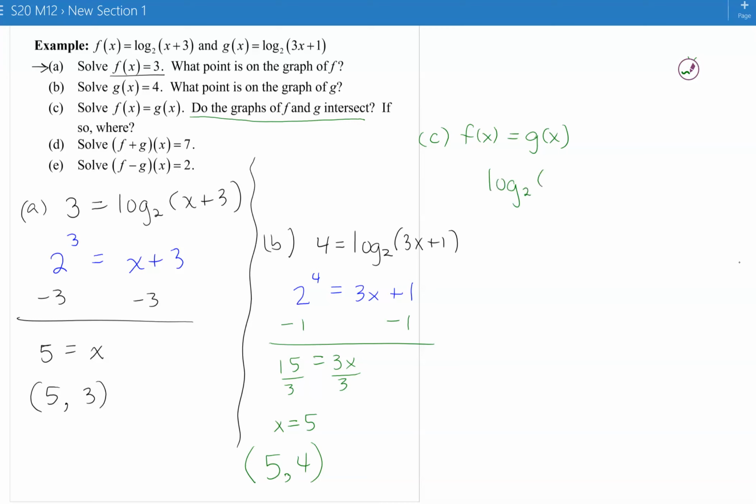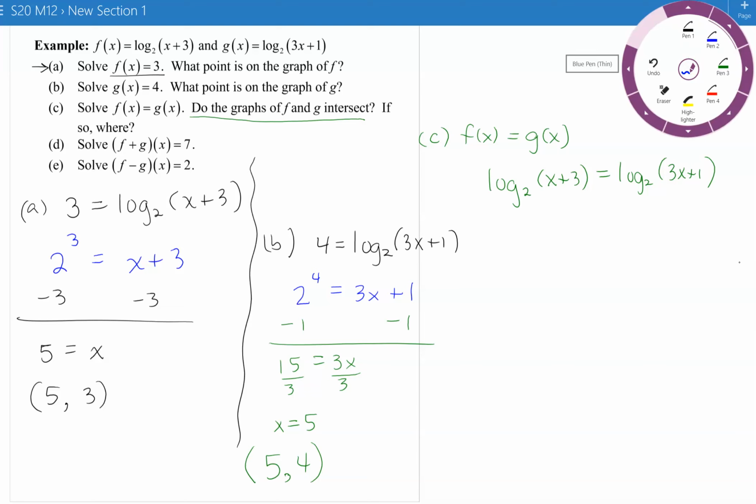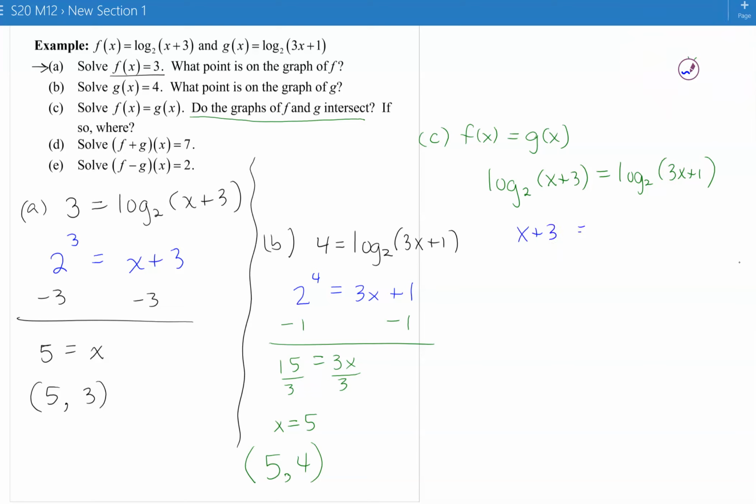If I have log base 2 of x plus 3 equals log base 2 of 3x plus 1, well, I have logs on both sides with the same bases. So the long ago red box said that means I can equate the arguments.